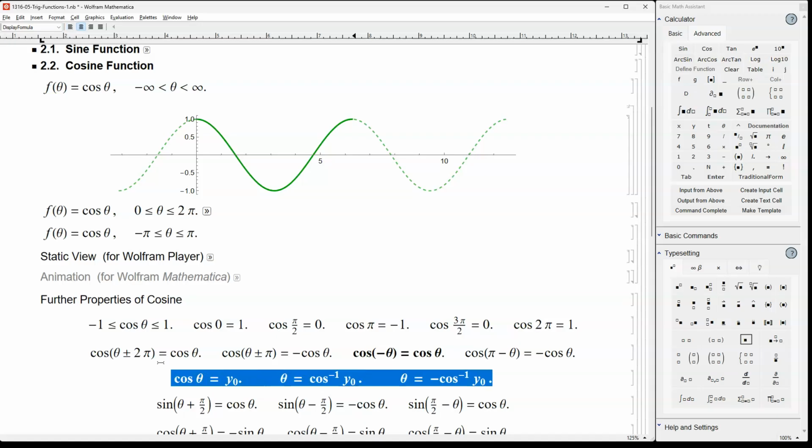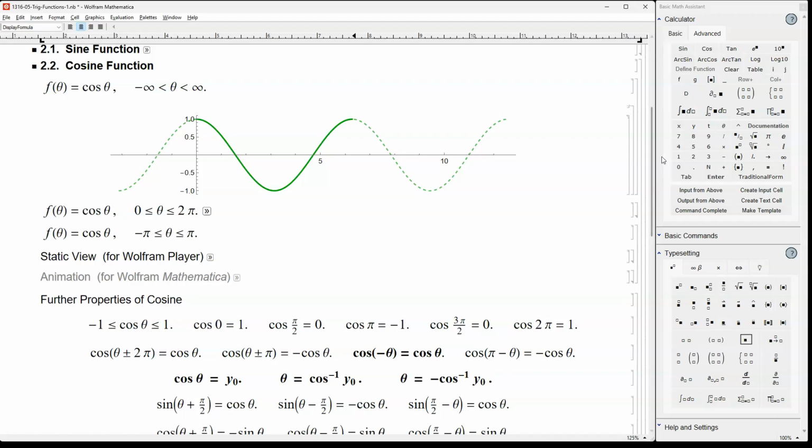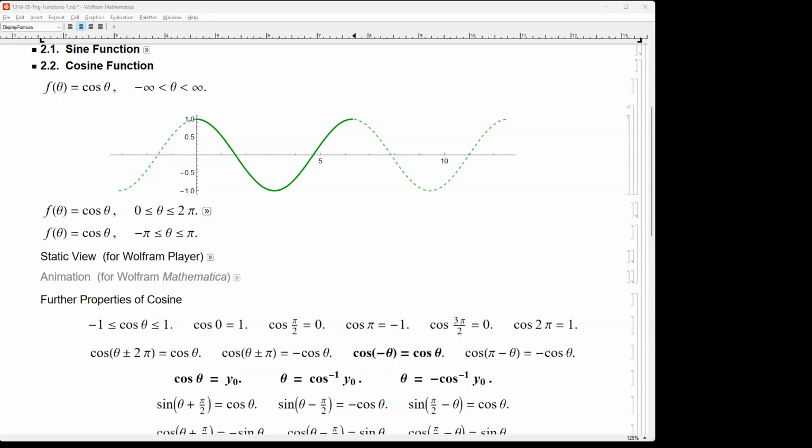Why do we have this kind of behavior? Well, let me show you. Let's go to the drawing mode. Alright, let's suppose we have a vertical line like this. Previously for sine, we drew something above the x-axis, so I'm doing the opposite this time. I could have done positive y naught.